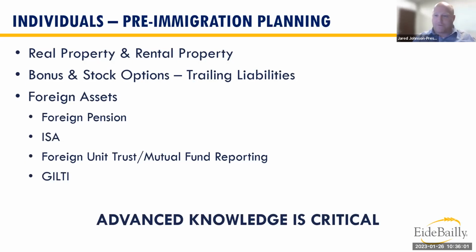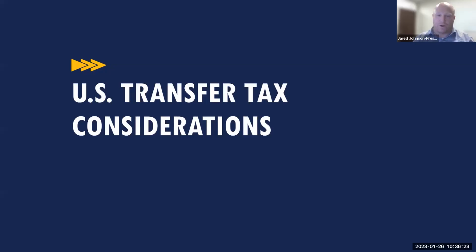They may be tax-free in the UK, but they are not tax-free in the US. So with ISAs, you put money in, it grows tax-free, you never pay tax on that growth, and you're able to pull that money out. If you're a US person and you have an ISA, you're going to have some issues with income.